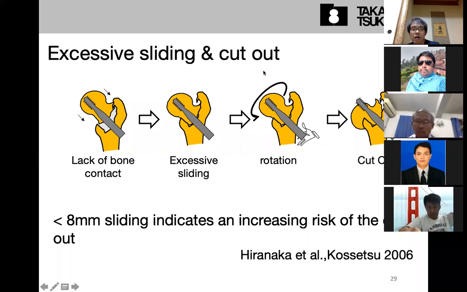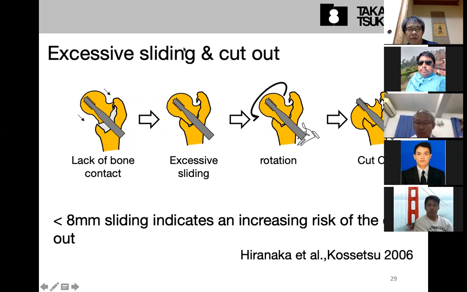So in part three of this session, I said the purpose and aim of treatment for trochanteric fracture is bone union without cutout. This is the final goal. To achieve this, we should know a lot about it.